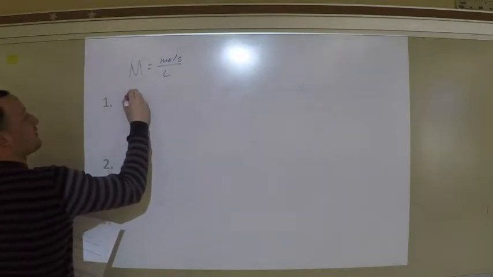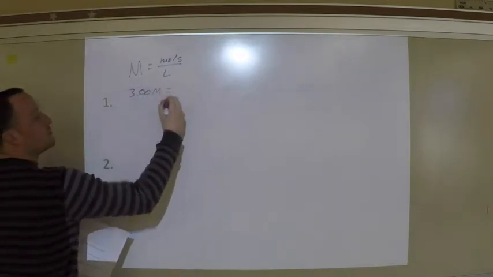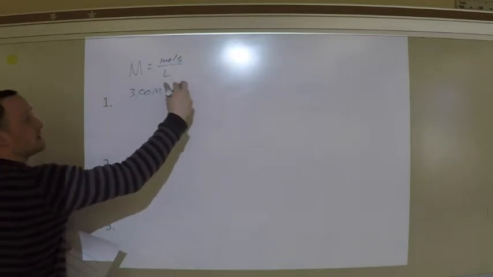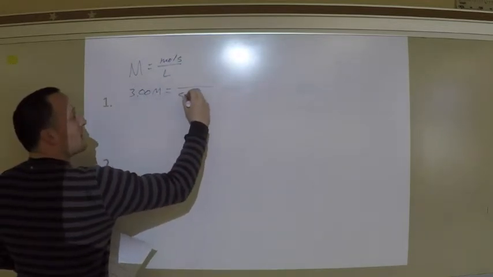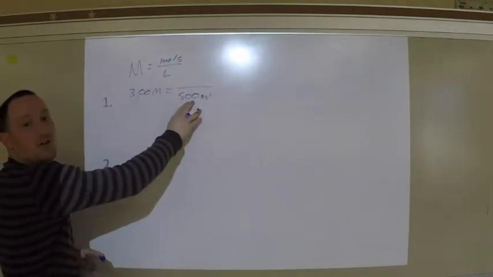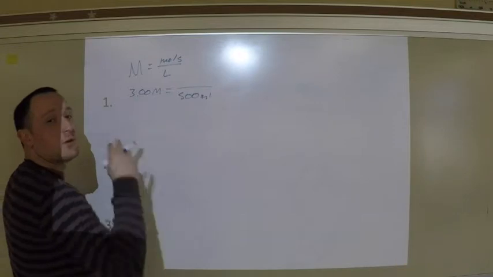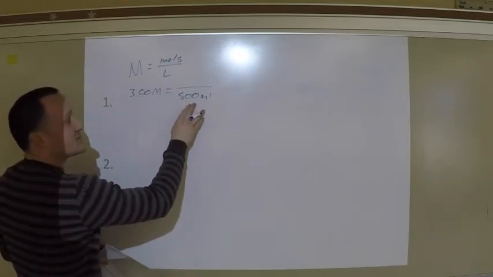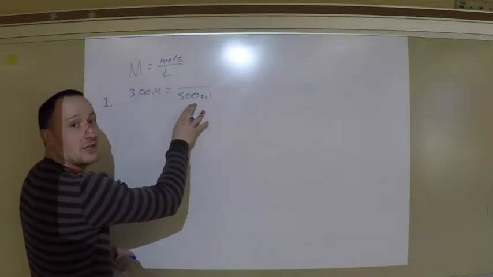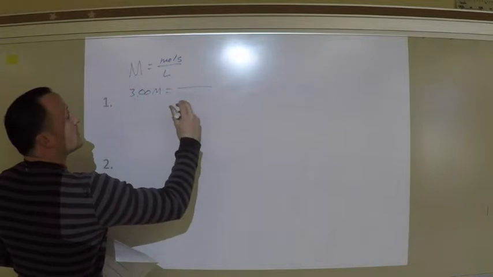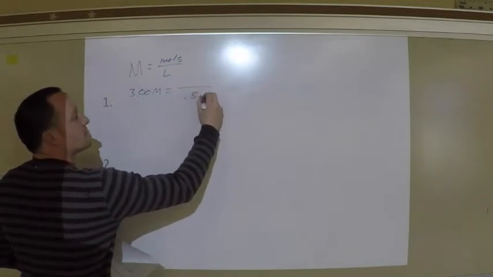I have a 3.00 molar solution, and I'm not given liters, but I'm given milliliters. Now remember, I can't plug in 500 here, because molarity is moles per liter. So this is going to end up being 0.5 liters. Again, to change from milliliters to liters, you divide by 1,000.